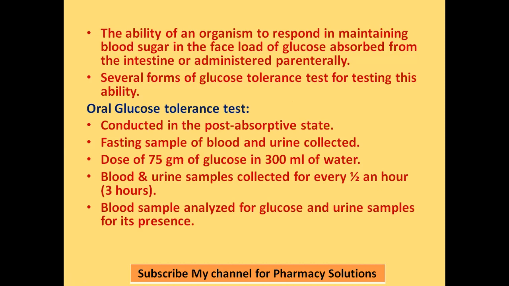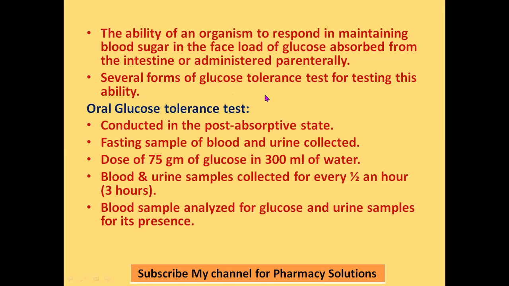Another precaution is that the person should take a rich carbohydrate diet for 3 days before the test, so that the test gives the right results to know whether the patient is suffering from diabetes or not.